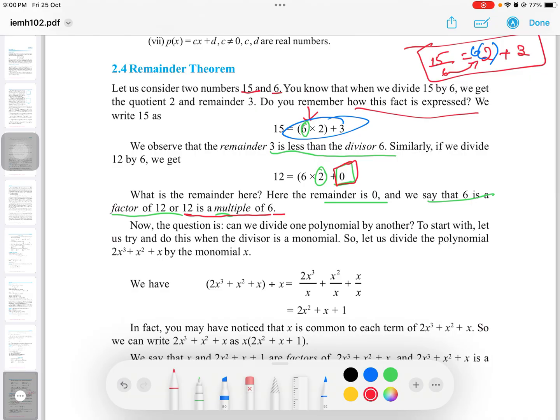Now this is all common. This is the dividend. I don't even have to write this, but for those of you who would find it more convenient, I will write it.